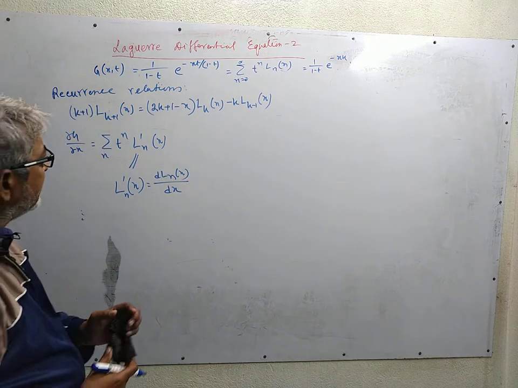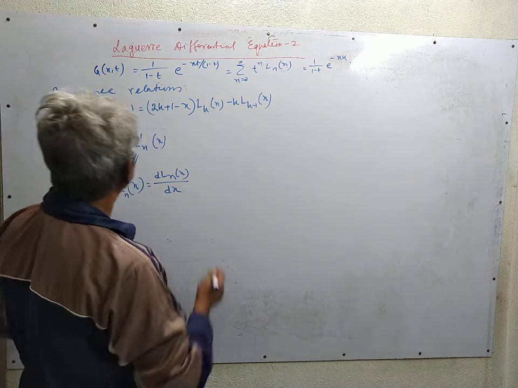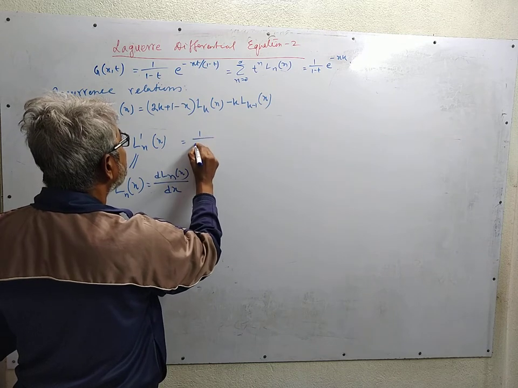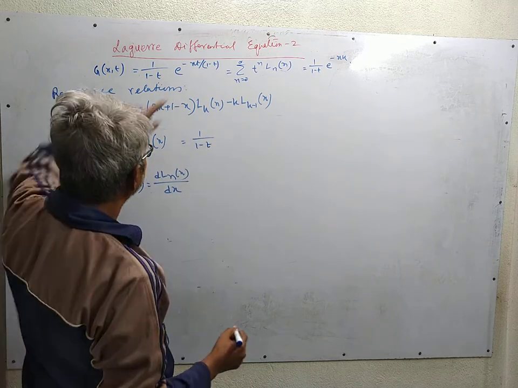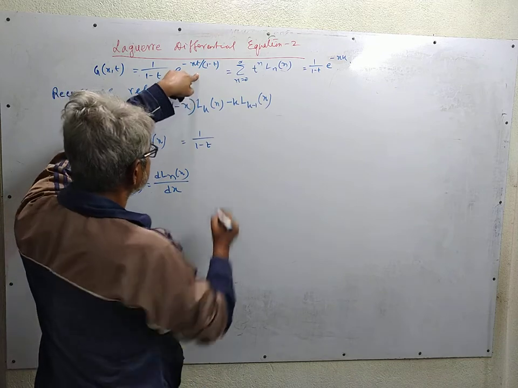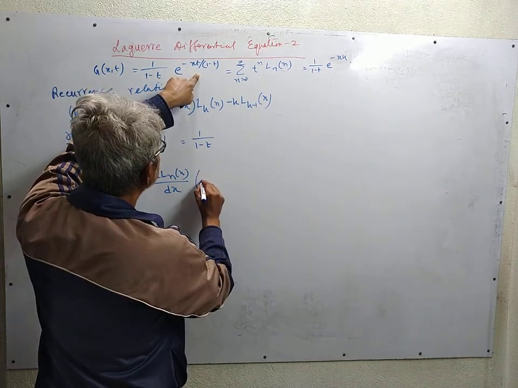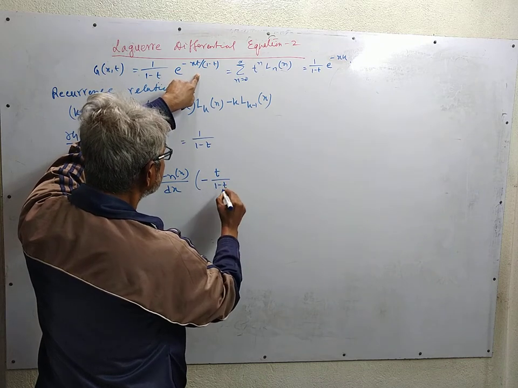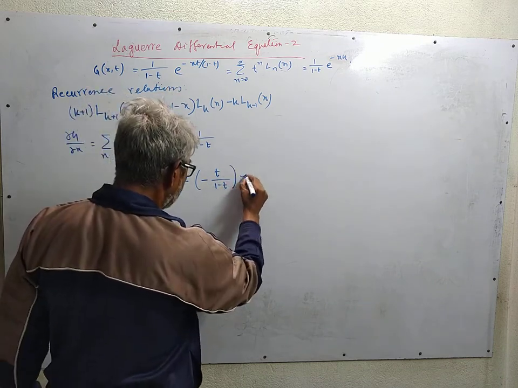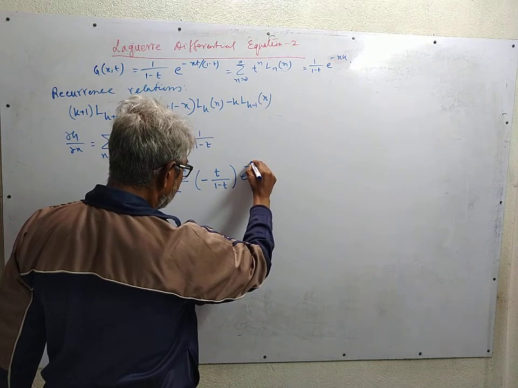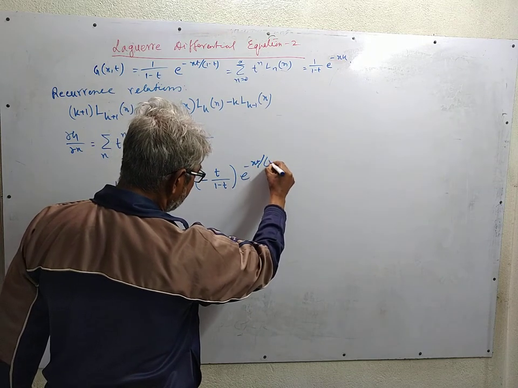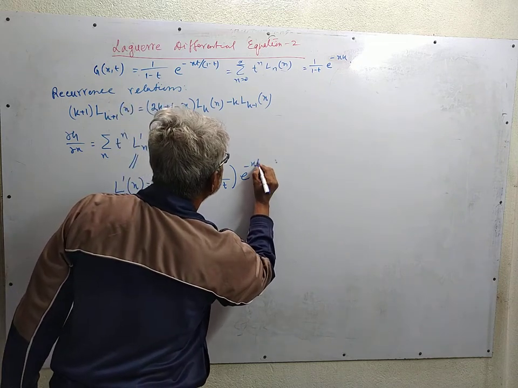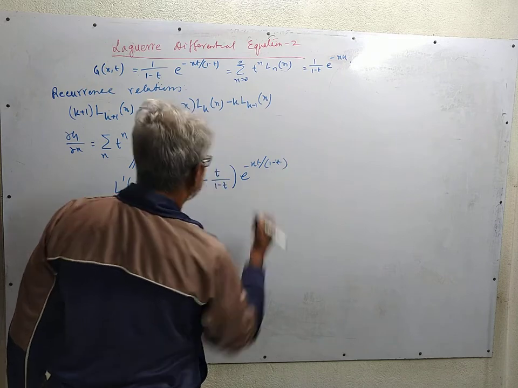And if we differentiate the right hand side, we get 1 minus t, and then we have xt divided by 1 minus t.